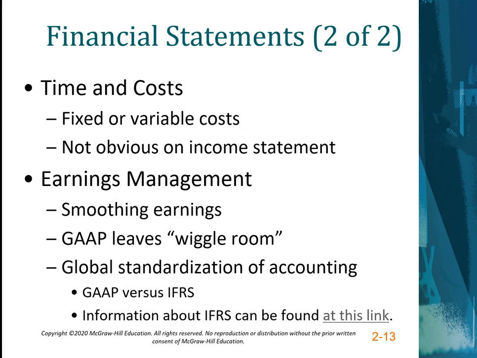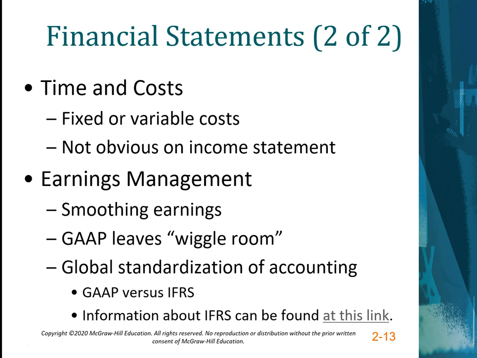Okay, time and cost, variable and fixed costs are not obvious on the financial statement or the income statement. We don't have a measure on the income statement to indicate the time period in which the costs are incurred. The idea of earnings management: basically, management likes to show steady increases in net income for the company.